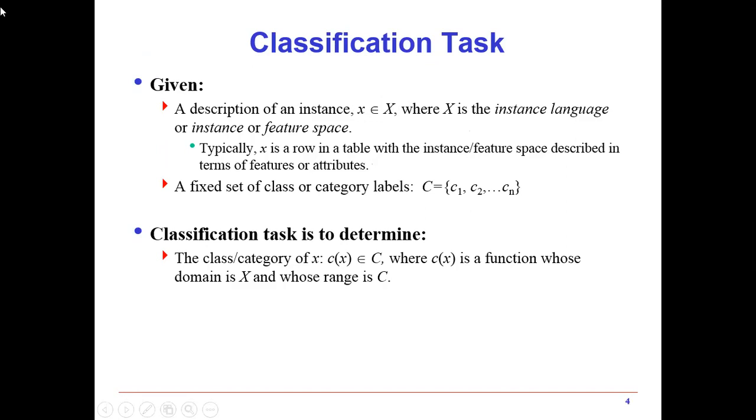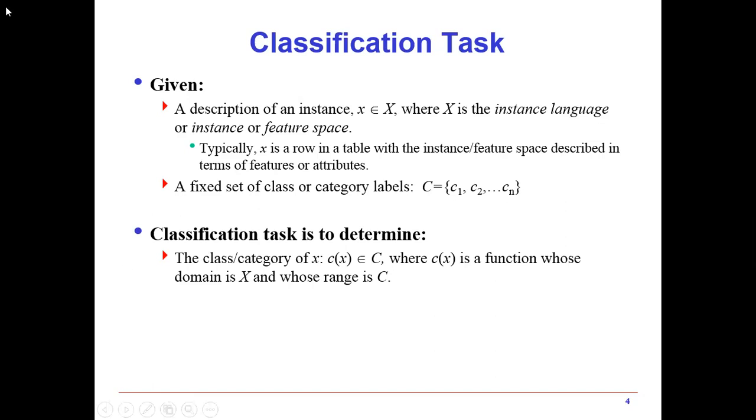So for any instance, x is an element of capital X from the feature space. If you look at a particular matrix, a row can be described with the help of x. So a single row can be represented as a single instance.